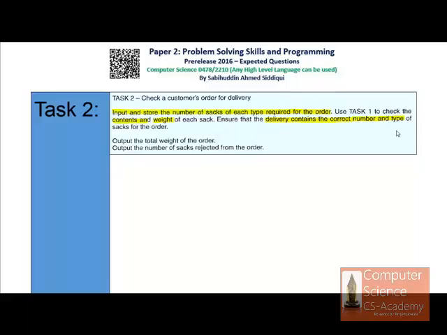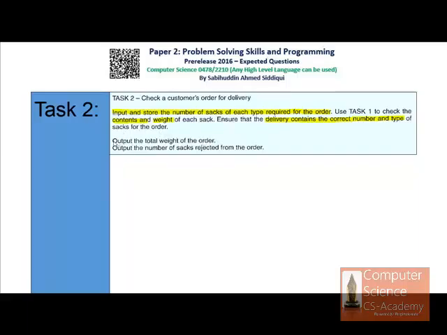Now ensure that the delivery contains the correct number and type of sacks for the order. So your order will be based on these things, and the validation will be applied by Task 1. So you will be ensuring that whatever you have tested and validated in Task 1, this will be referenced here in Task 2.